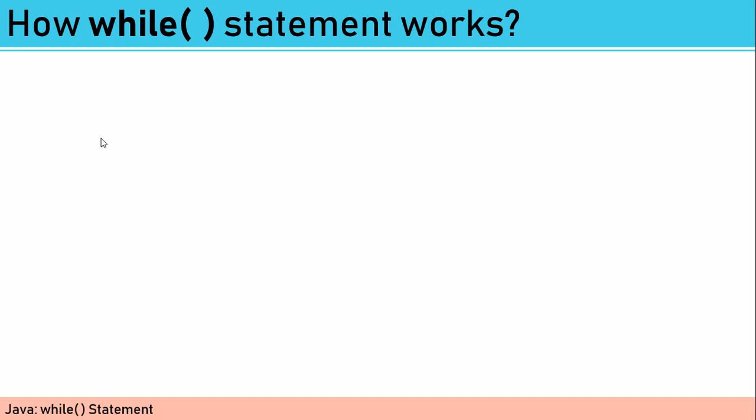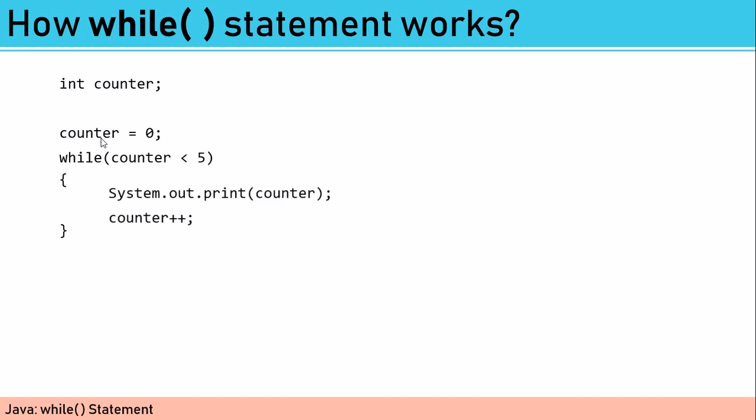So how does the while statement work? We first declare our variables here and then initialize them. Then we place the while, and we have one statement for your body and one statement for our update expression.